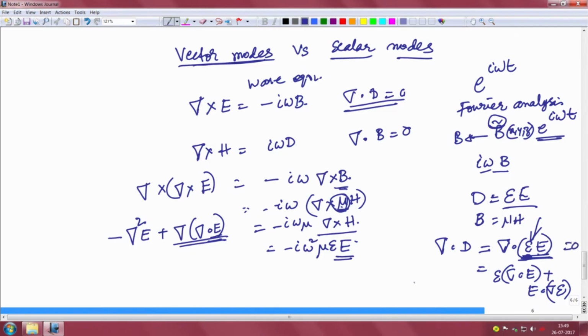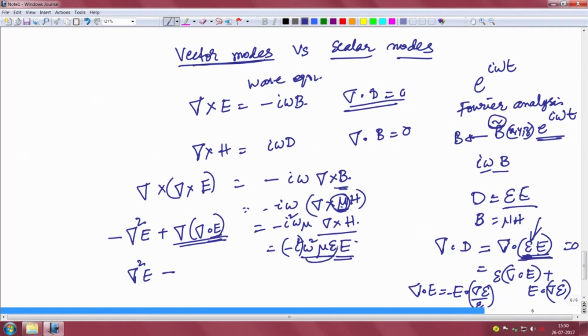So, we can say that del dot E equals minus E dot del epsilon by epsilon. So, I can replace del square E, this one becomes minus. We have one more i square here, so this becomes minus 1, and the entire thing is 1.